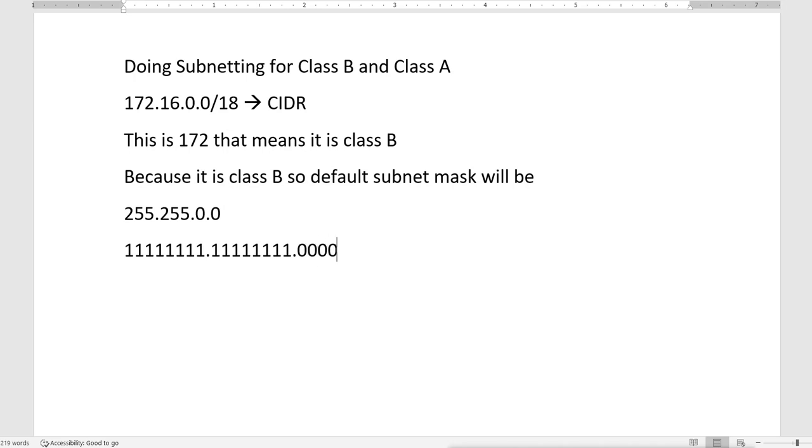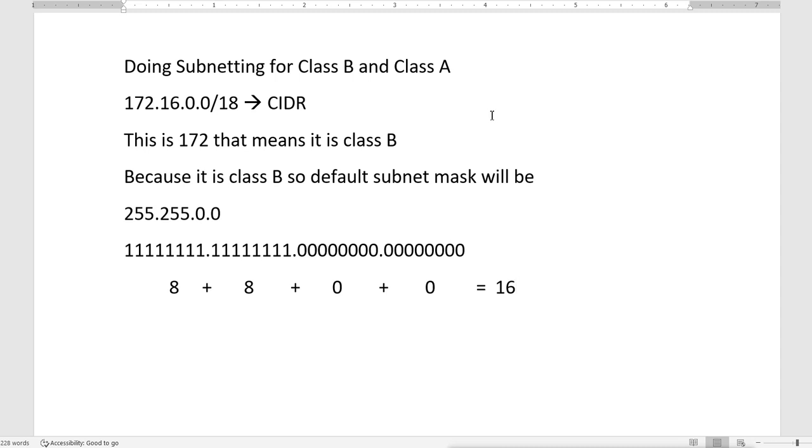That is why we say 8 plus 8 plus 0 plus 0, which is 16. This is the default subnet mask.